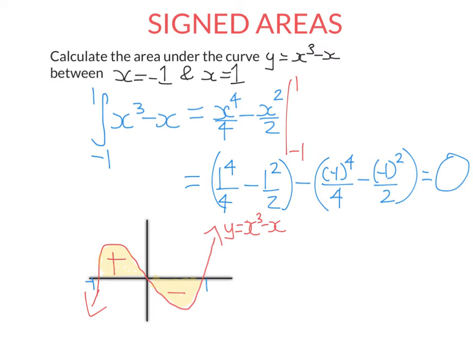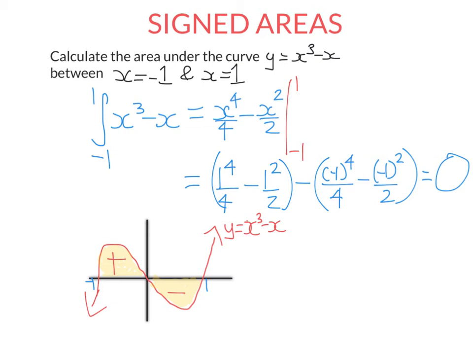Unfortunately, there's no way around it. We're going to have to slightly modify the way we calculate areas. If it's below the x-axis, we just have to times it by -1. So how would I actually go about properly calculating the area between this curve and the x-axis between -1 and 1?